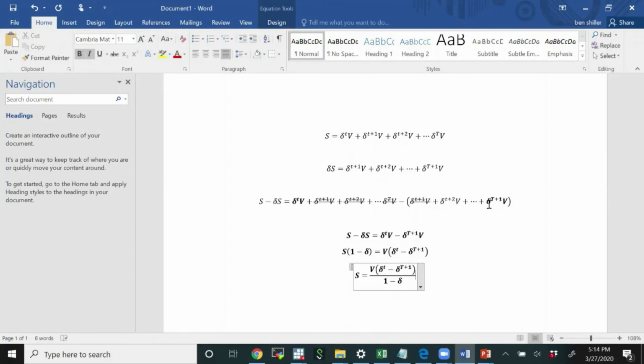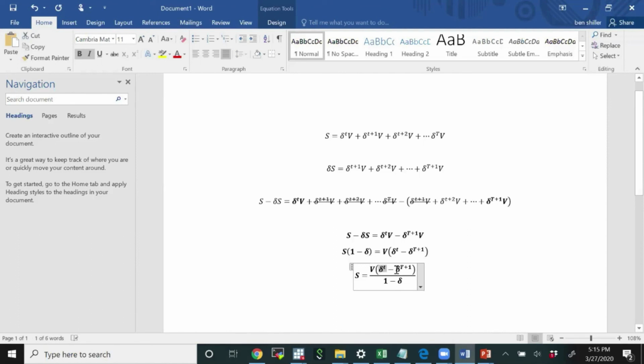So now we have a general formula that will apply to any stream of payments, where the first payment might be in any arbitrary period t, and the final payment would occur in period capital T. You'll notice that you could use this formula to solve for the infinite period problem. Your first payment is received today, in period 0, and delta raised to the power of 0 is simply 1.